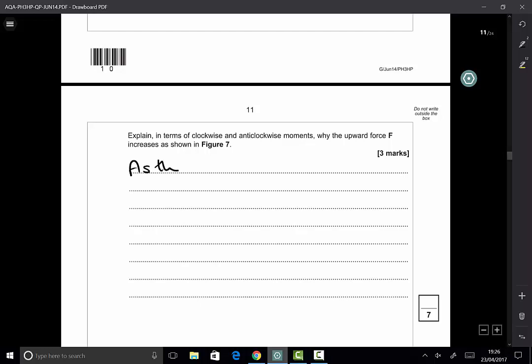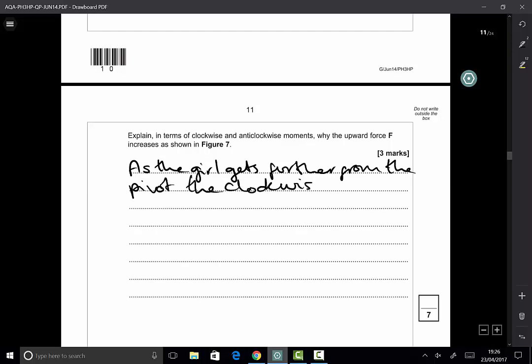As the girl gets further from the pivot, the clockwise moment increases.